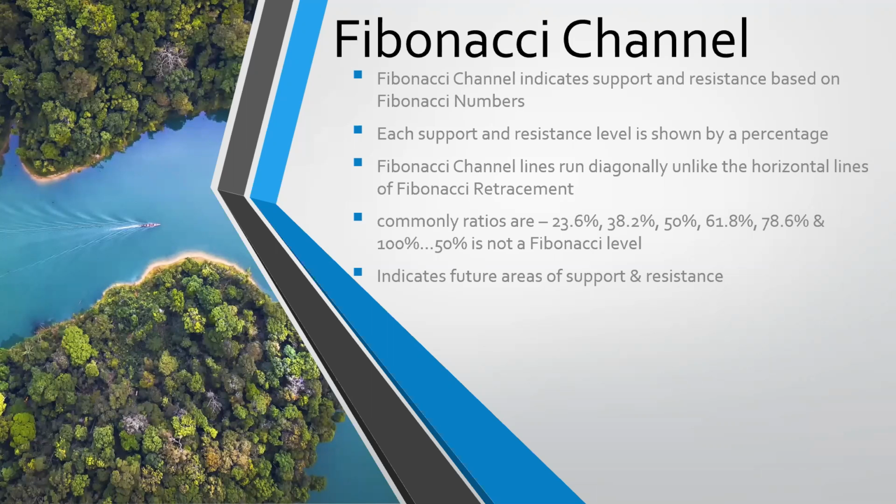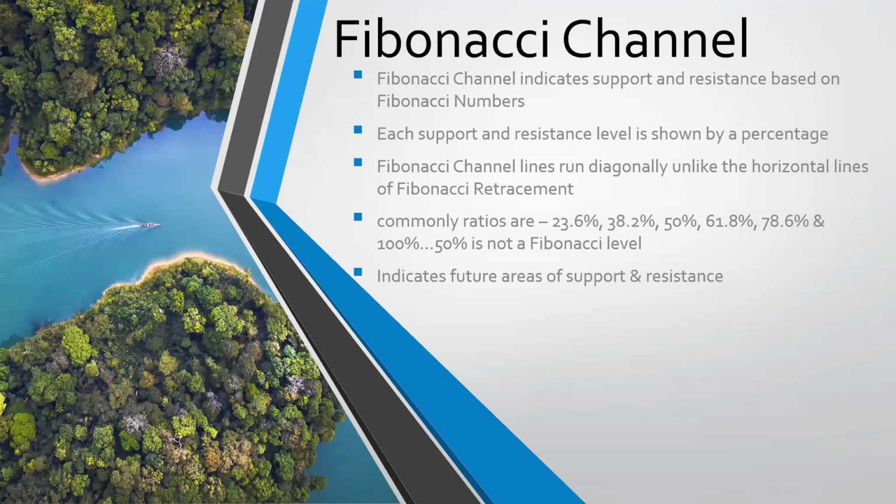The difference is Fibonacci channel runs diagonally. If there is an upward trend, it runs diagonally upward. If it's a downtrend, then it runs diagonally along the downtrend side, unlike the horizontal lines for the retracement. The Fibonacci ratios or the percentages are the same.